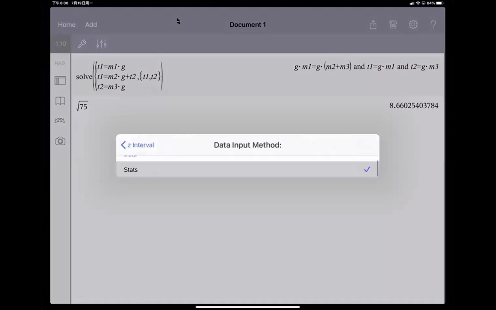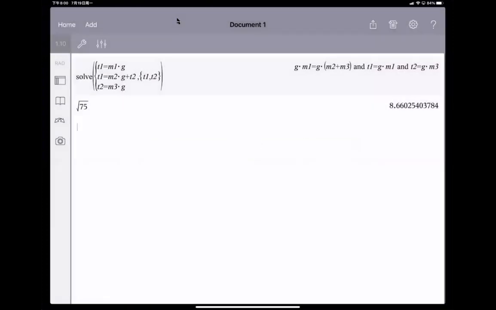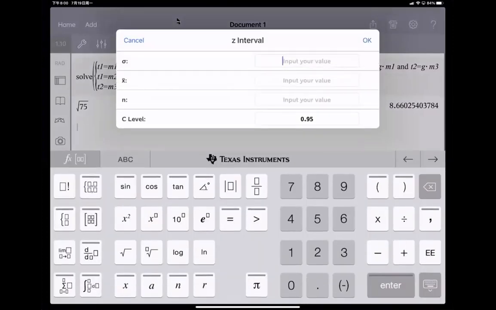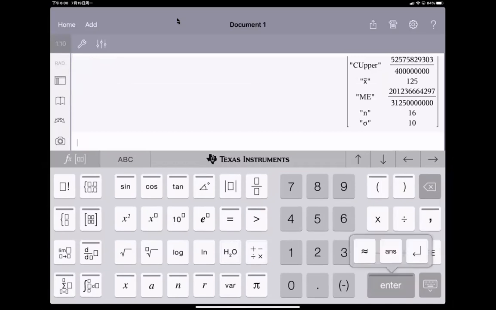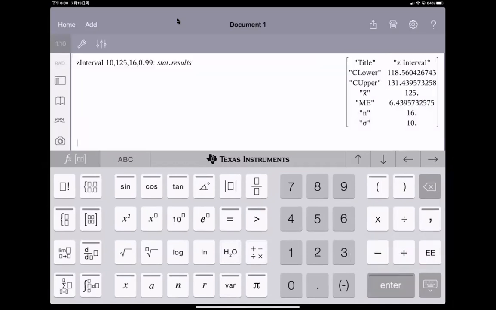Change this one to stat. Press OK. Your sigma is 10. Your X bar is 125. Your N value, you have 16 samples. Don't forget to change the last one, C level, to 0.99, because it's 99% instead of 95%. Press OK and Control Enter.